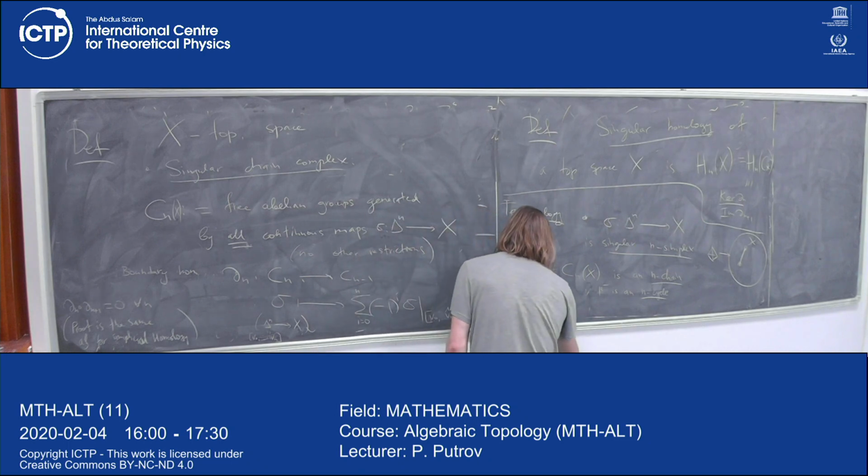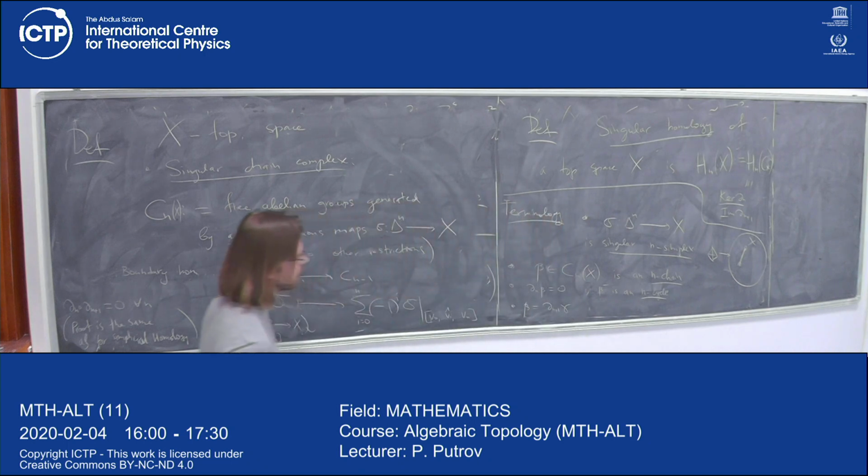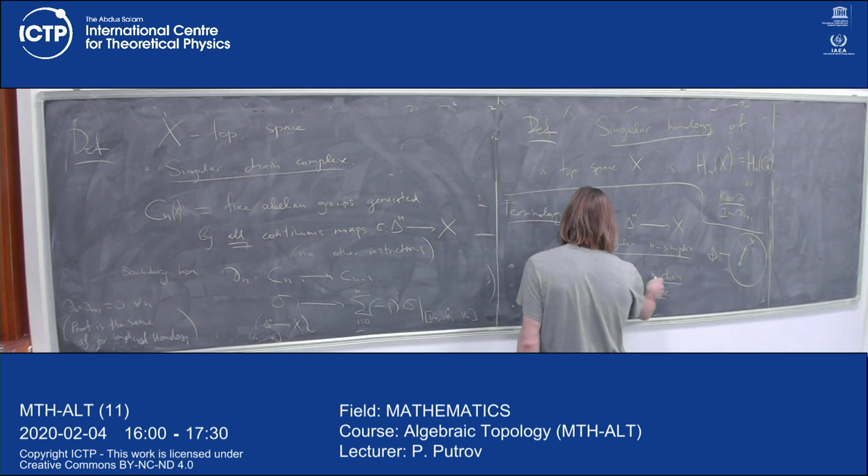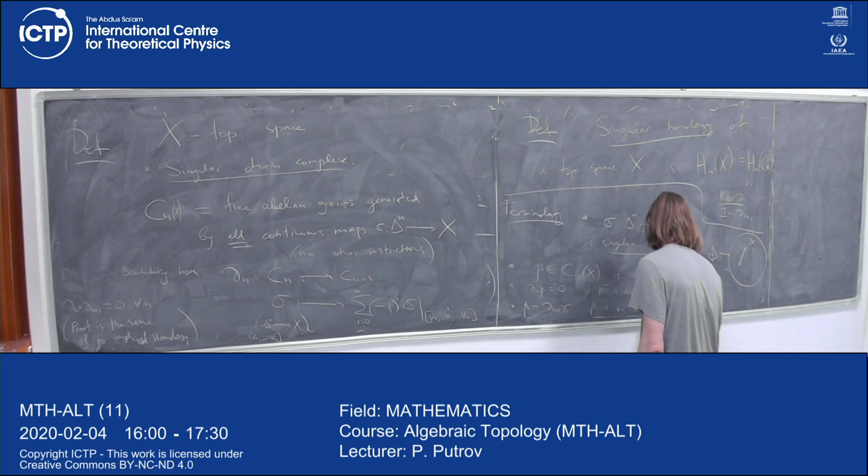And if beta is in the image of the boundary homomorphism, then such n chains are called n boundaries.